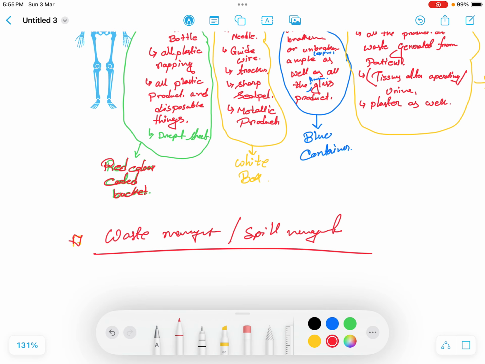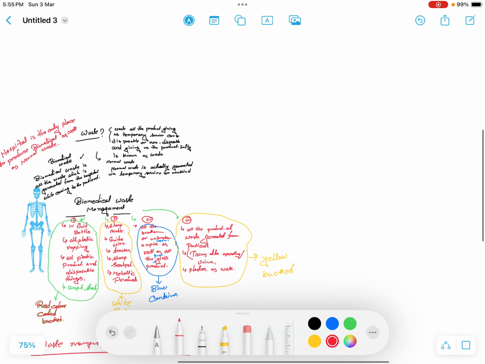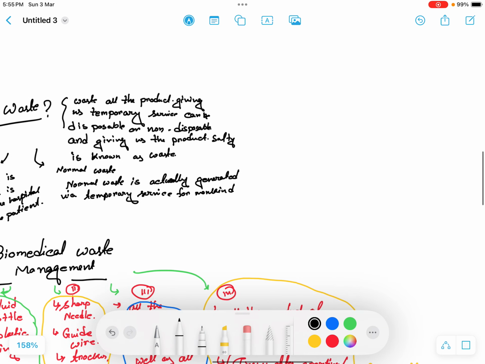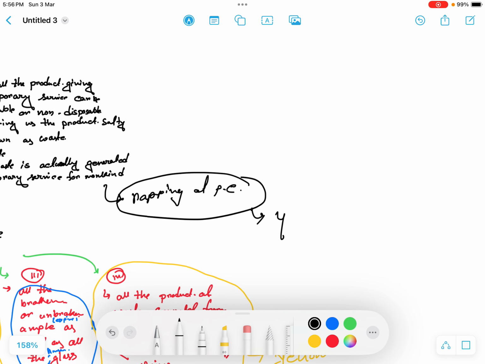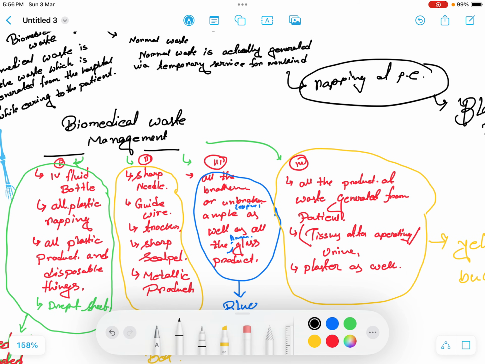Okay, so here we have forgotten one thing, that is all the normal product that is generated, that is wrapping of PC, right? So this kind of product would go in the black bucket. So all the coding is at least 5, right?